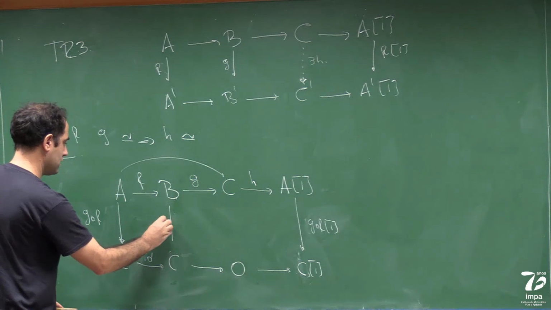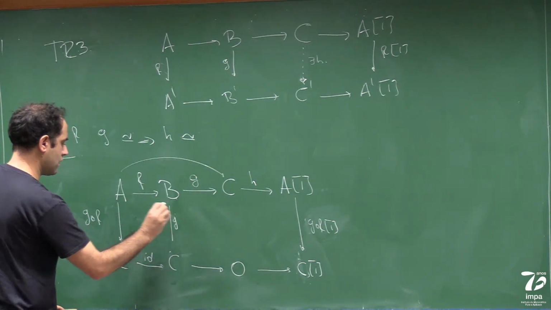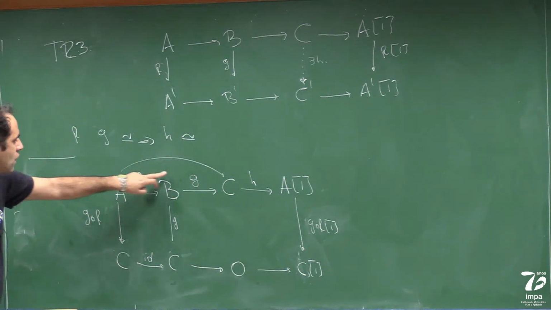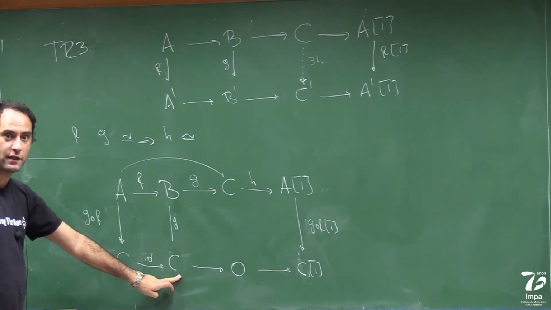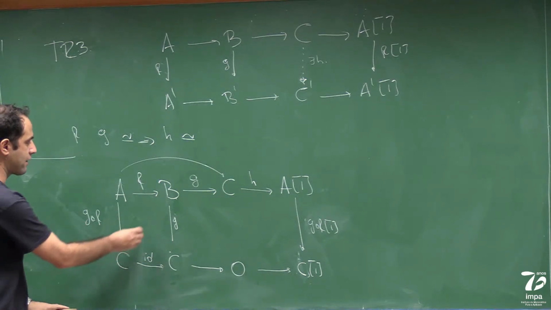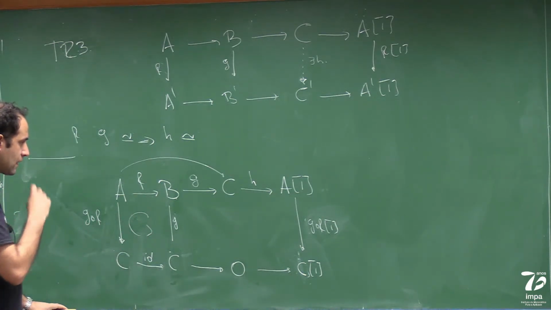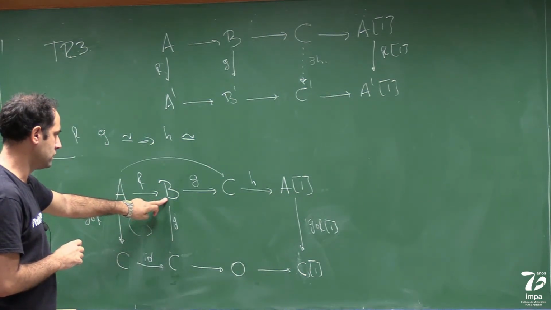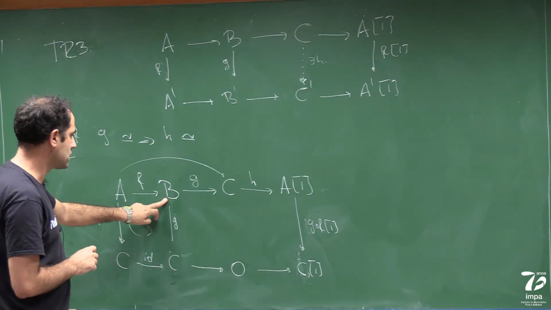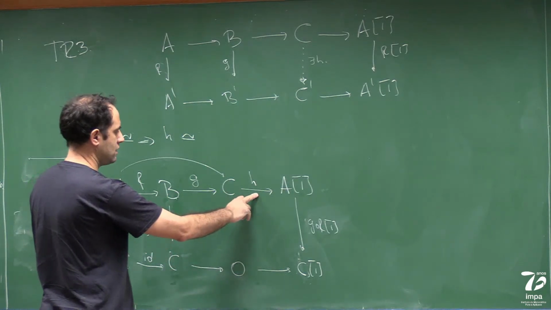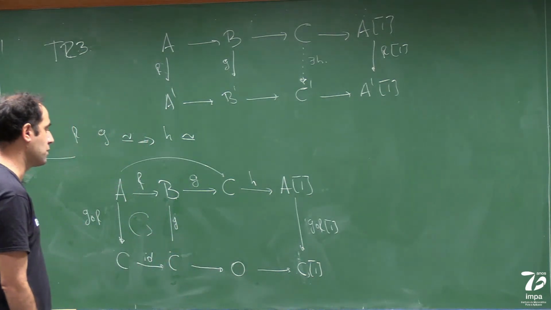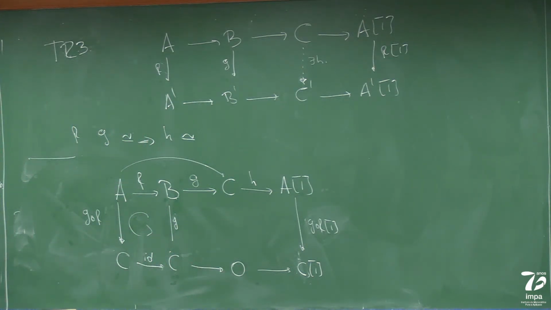Here is G, which is the only thing that I can think of. So if I go this way, I get F composed with G. If I go this way, I get F composed with G and then the identity, which is F composed with G. So this diagram still commutes. Now, why? So this guy here is G. Oops, now I will want to check that that guy commutes.